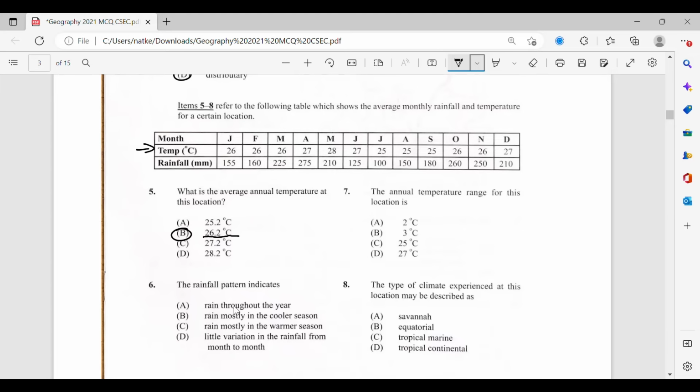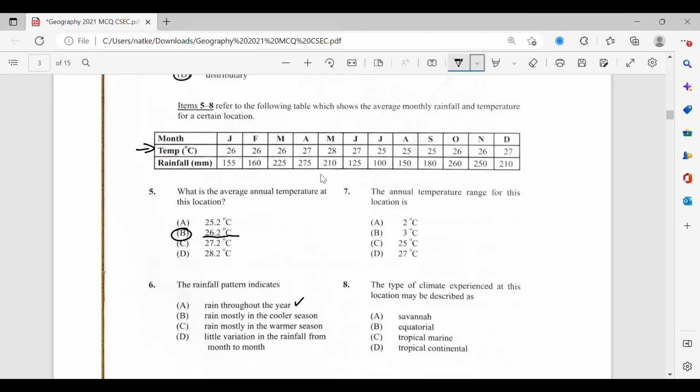Number 6. The rainfall pattern indicates A, rain throughout the year. When you get a question like this, you need to look through the answers to see which one actually fits. So rain throughout the year, this is rainfall. We are seeing that rainfall is happening throughout the year, so that is a yes. B, rain mostly in the cooler months.